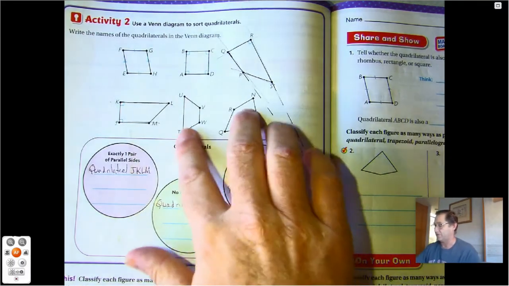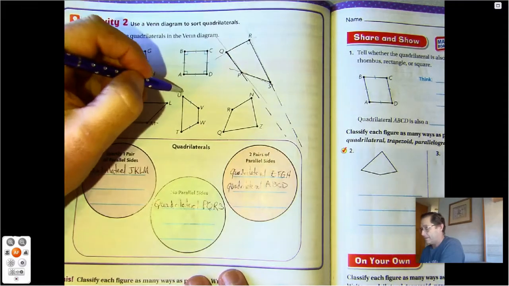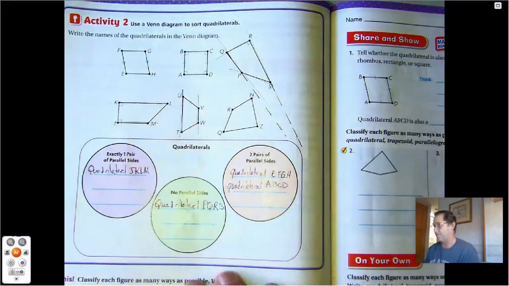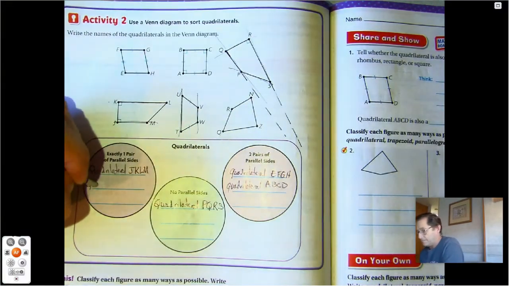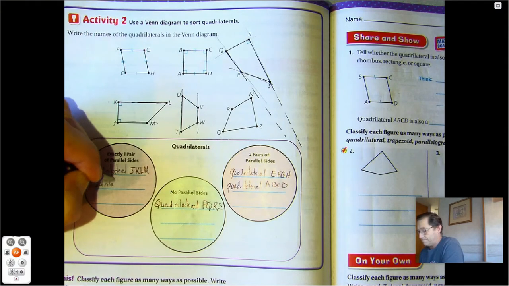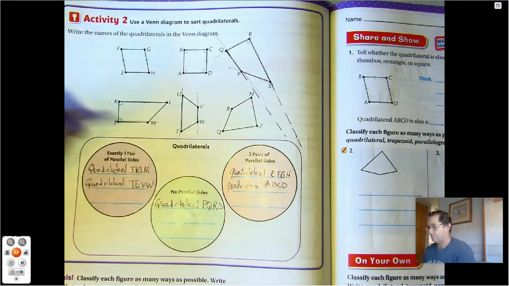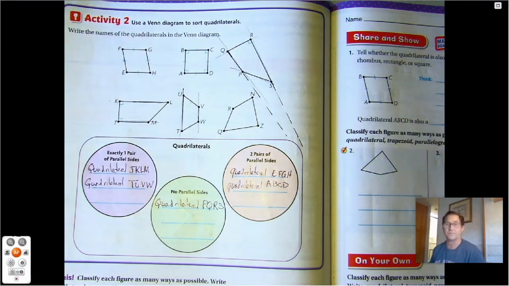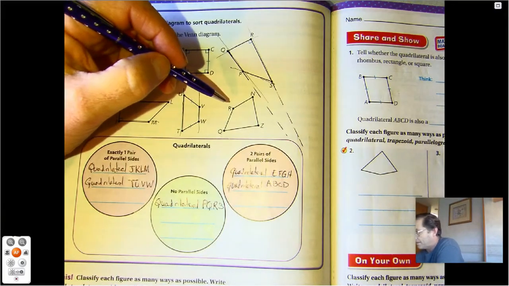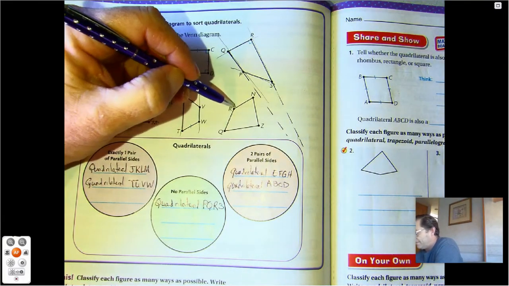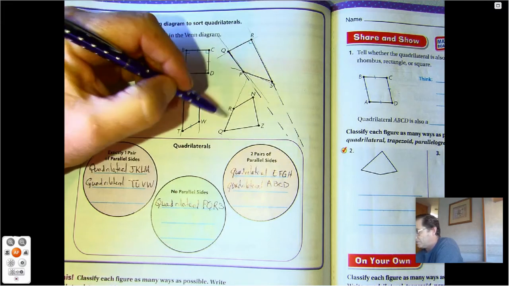All right, we look at this next shape. These two lines appear to be parallel. So quadrilateral TUVW has exactly one pair of parallel sides. And then our final shape, again, if I extend this out, those two are going to cross.